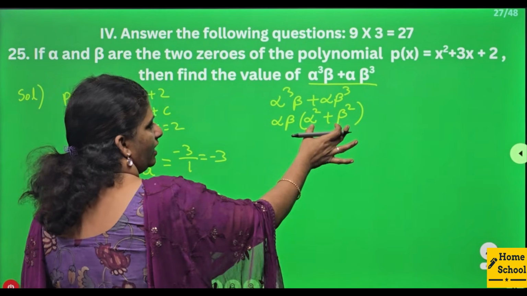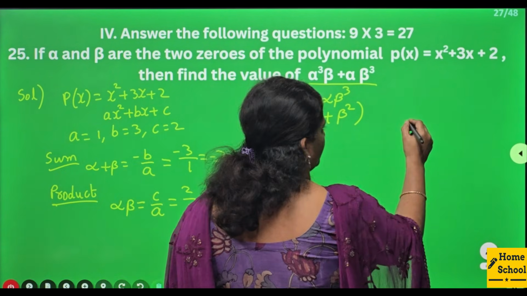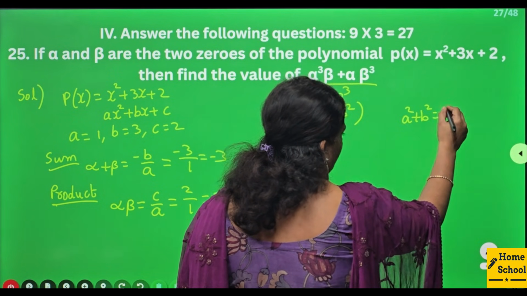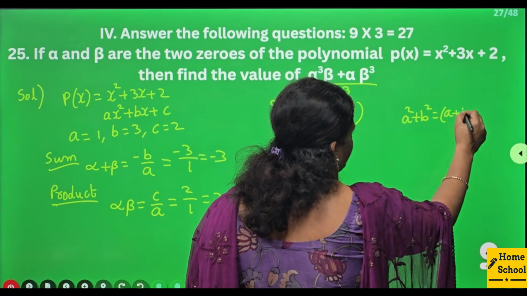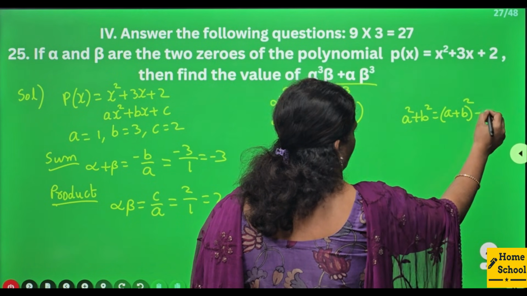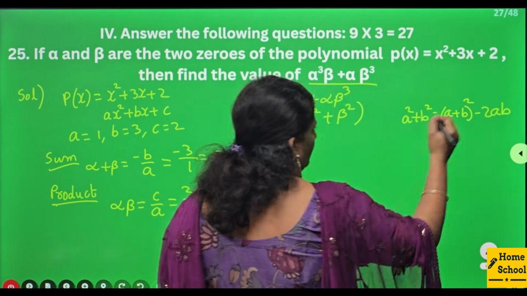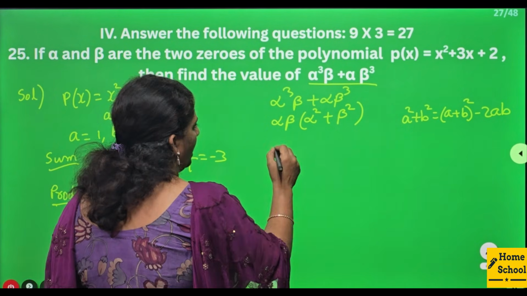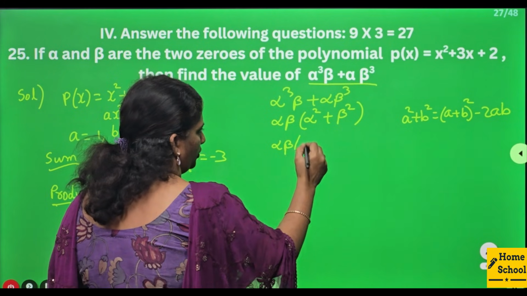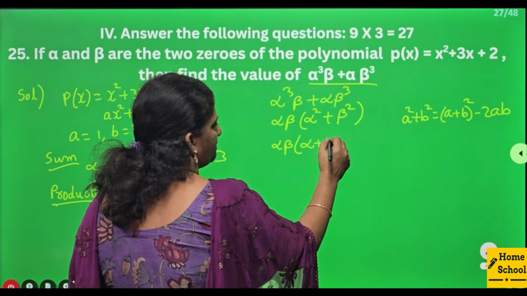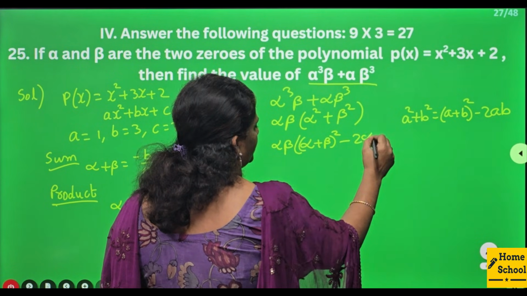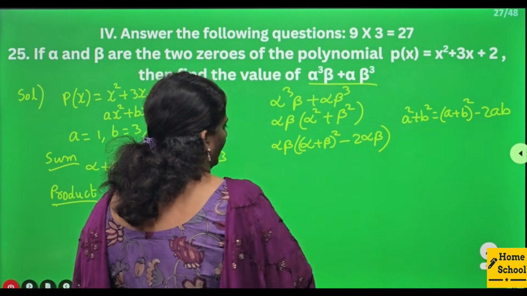I remember a formula: a square plus b square is equal to a plus b whole square minus 2ab. Substituting that formula here, alpha beta into alpha plus beta whole square minus 2 into alpha beta.